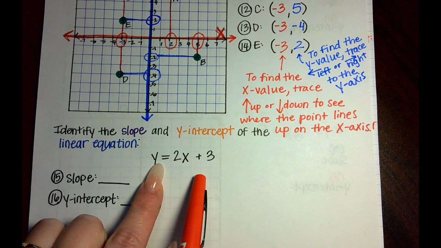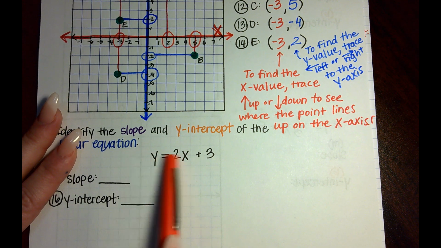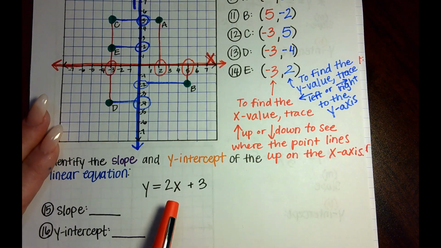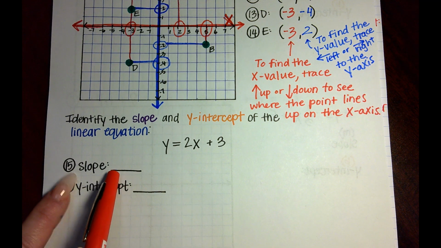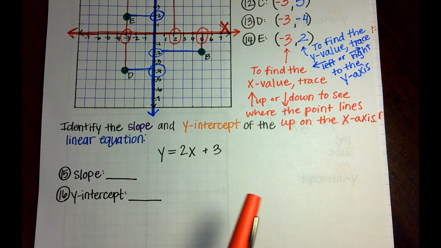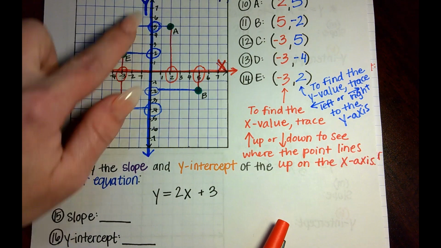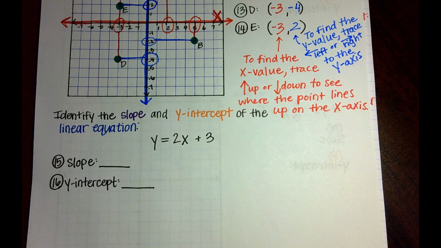Basically what a linear equation is, it is an equation that can be put on a graph that will have a slope, which tells us how steep that line is going to be, and then a y-intercept. That just tells us where the line touches the y-axis. That sounds really crazy and complicated, but I promise you it's not.